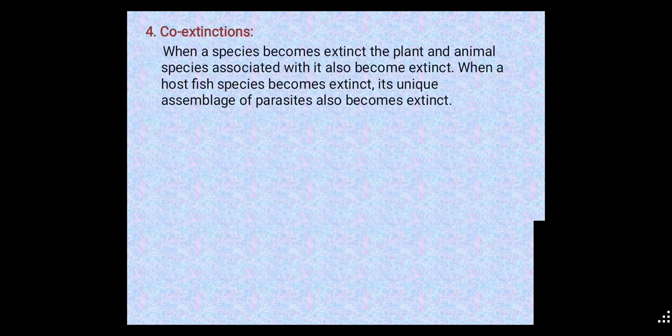And the last one, the fourth one, is co-extinctions. When a species becomes extinct, the plant and animal species associated with it also become extinct.